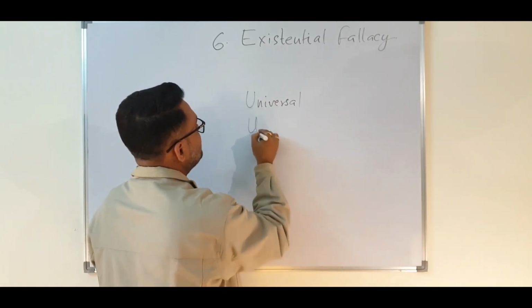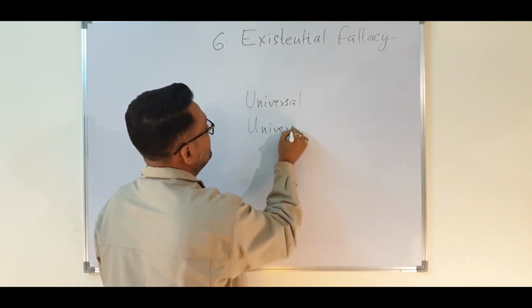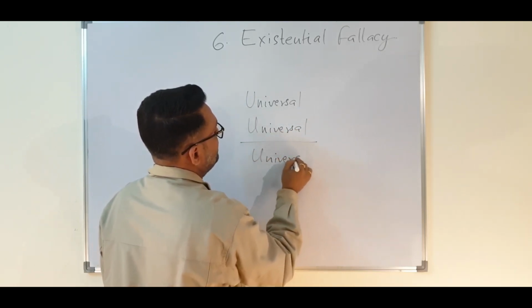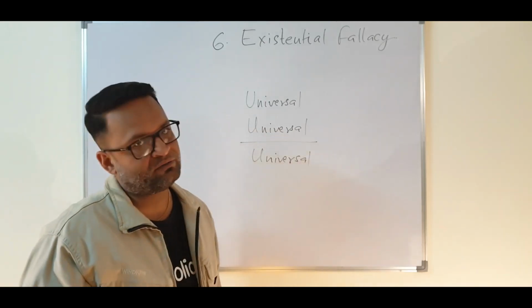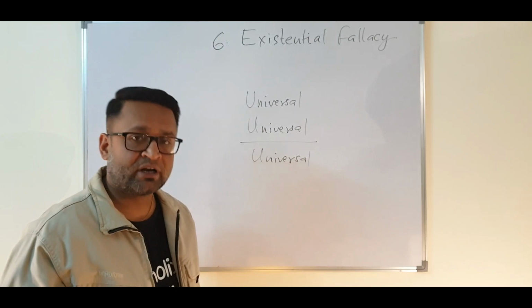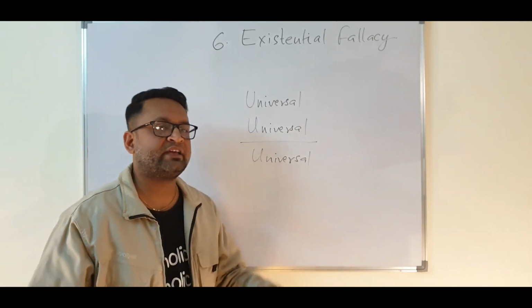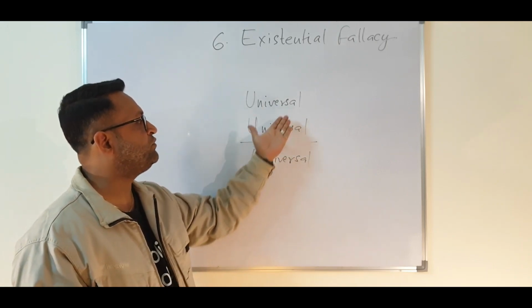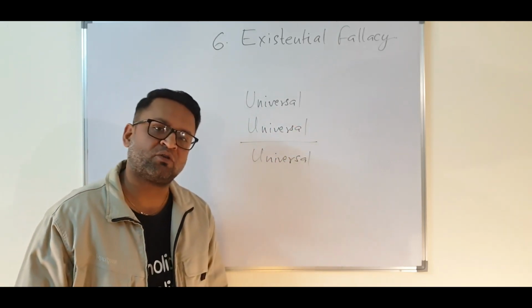So if both the premises are universal, then the conclusion also has to be universal. A particular conclusion will not follow out of these. This is the rule which was added by the modern logicians, the Fregians and the Boolean understanding, and it says that from two universal premises only a universal conclusion follows.